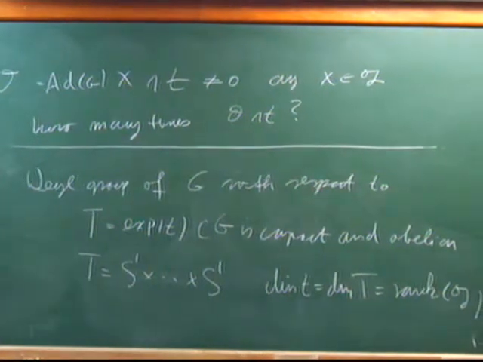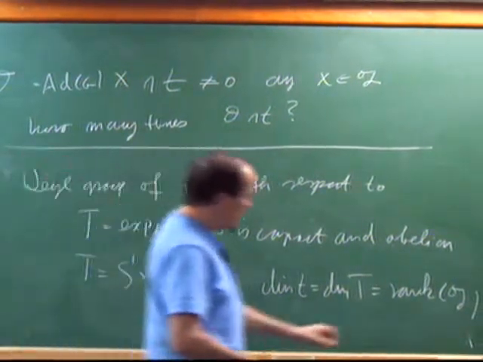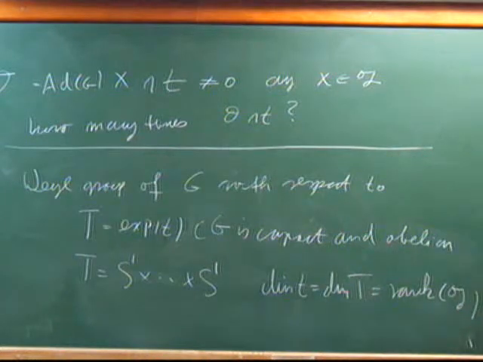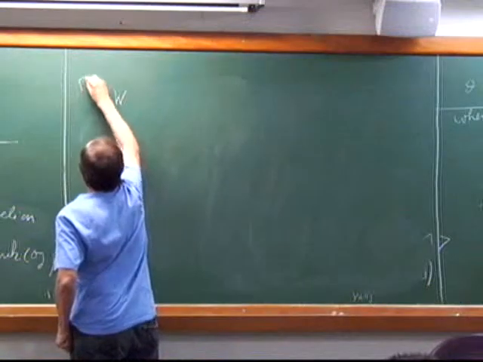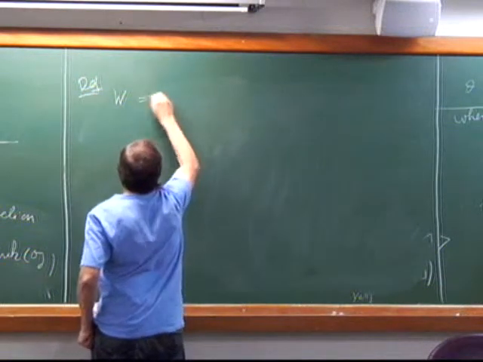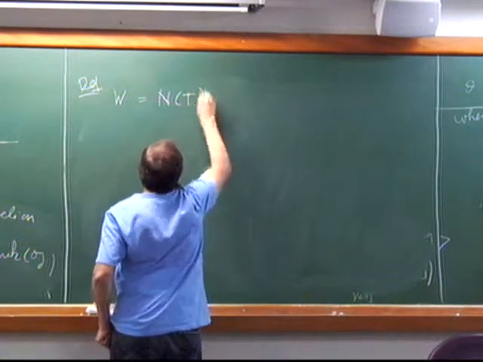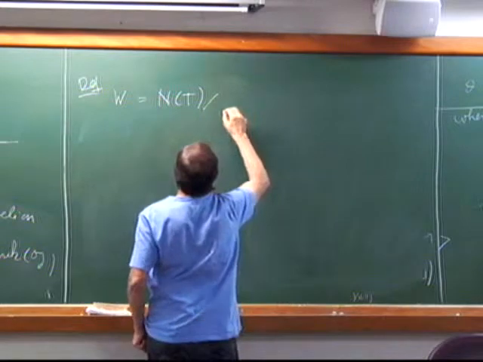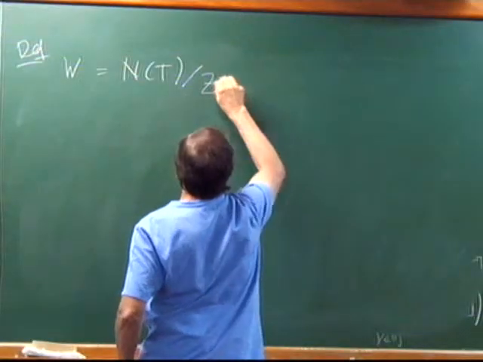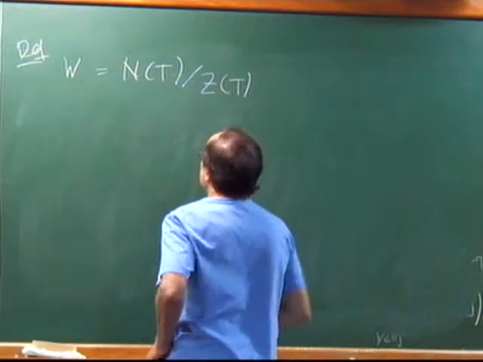It doesn't matter. So now I define the following. Maybe I look at W, which is the normalizer of the torus, divided by the torus, or divided by the centralizer of the torus, if you want to.